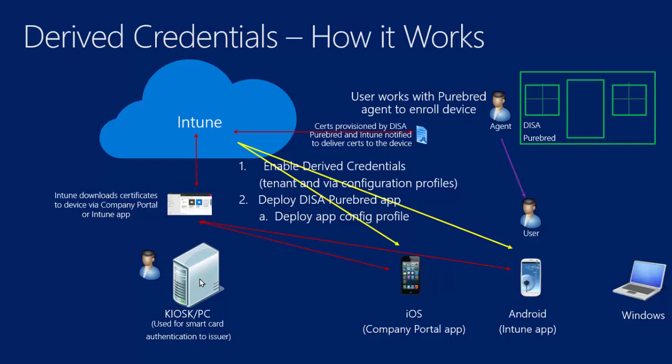There's also a requirement that the user have certain certificates from Purebred on their Windows device, so that they can actually authenticate with the Purebred website as they're going through this process. So as the user's going through this process right here, they will need certificates that will allow them to authenticate with the Red Hat Software website to enroll their device, right?